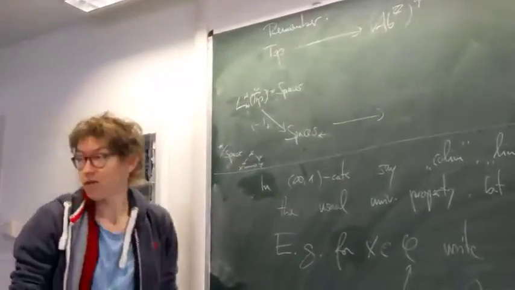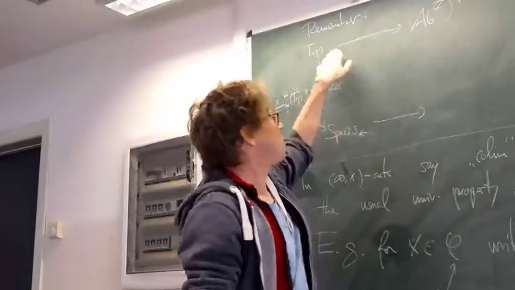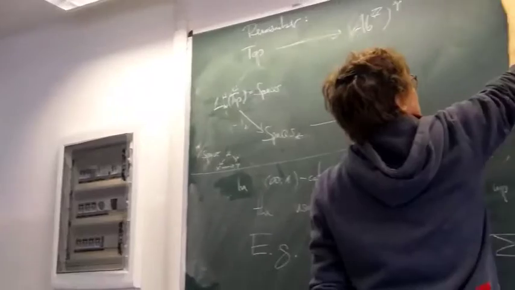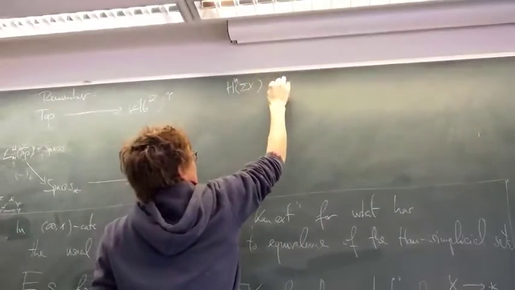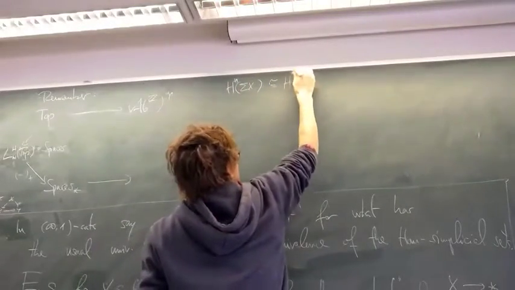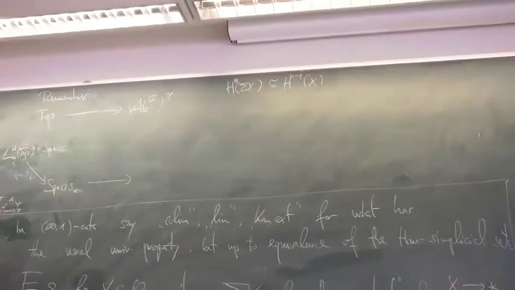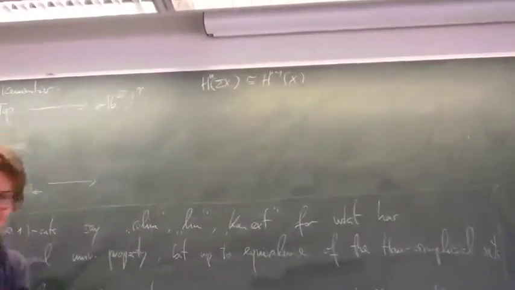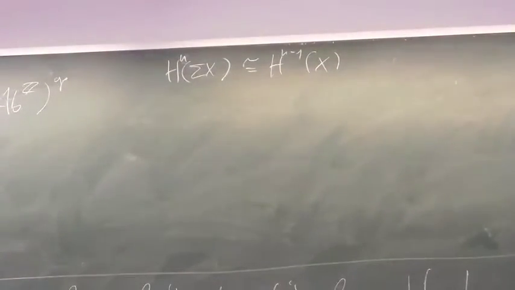And then the next thing we had was the stabilization, coming from the fact that cohomology theories have this suspension isomorphism. So we have H^n of sigma X is naturally isomorphic to H^(n-1) of X. The suspension map, which we have in any pointed category where these pushouts exist, causes, upon applying cohomology, just a shift.